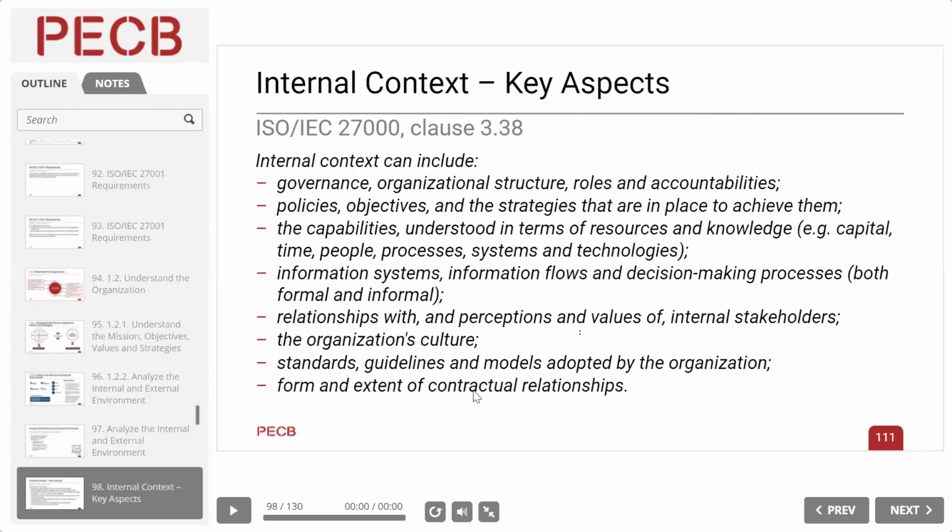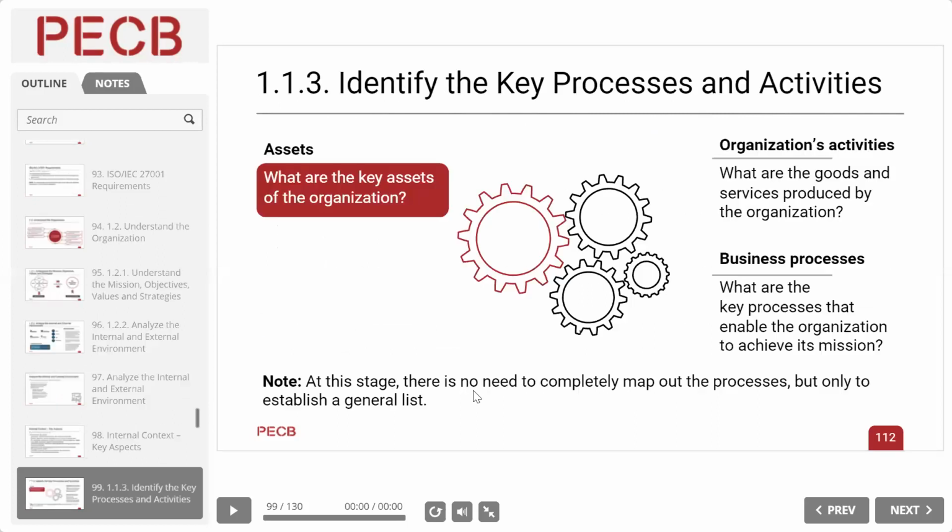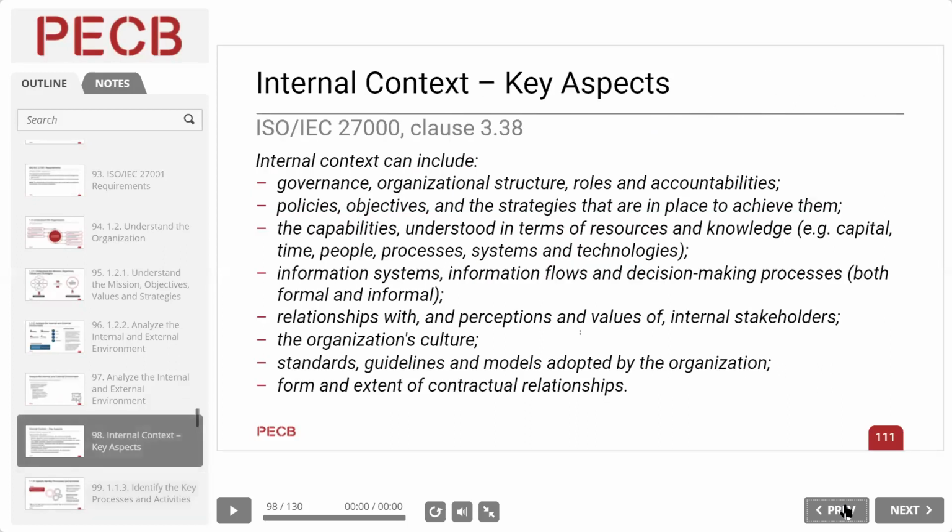The internal context. Okay, we've looked at, as I said, some of the internal concepts we discussed: the organization structure, the policies, objectives, the types of applications that you have, the decision-making processes, both formal and informal.